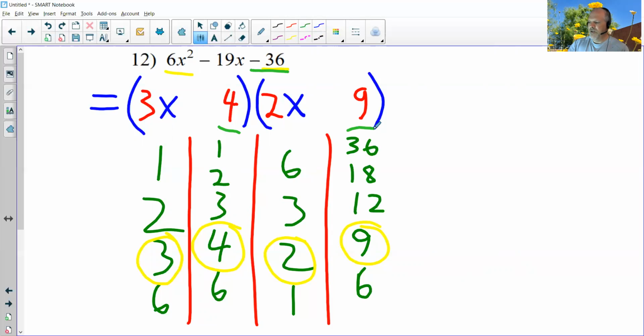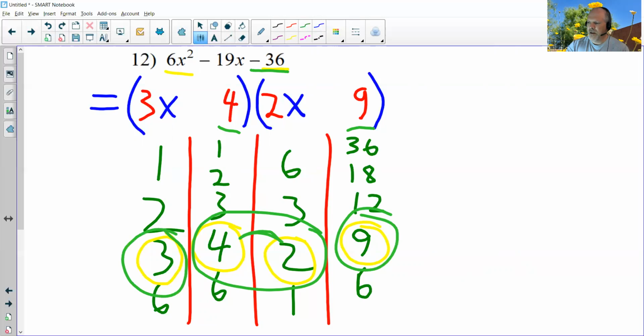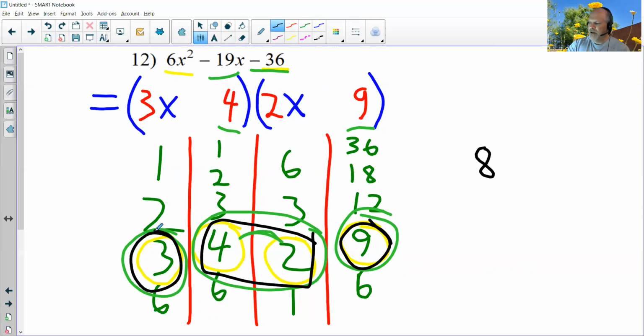However, when I do inside times inside and outside times outside, it has to equal negative 19. So let's look at those. Inside times inside would be 4 times 2, which is 8. Outside times outside is 9 times 3, which is 27.